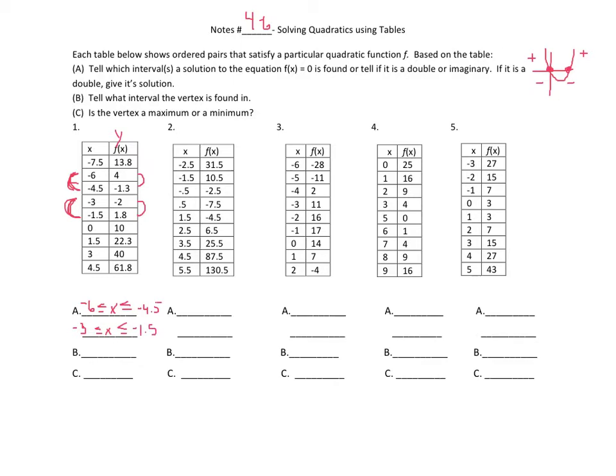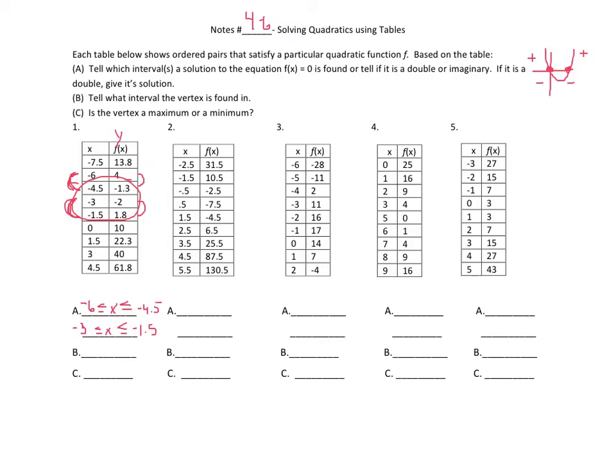The vertex has got to be between those two intervals, so the vertex is going to be somewhere in here. Now what I want you to look at, though, is the negative 1.3, it goes lower to negative 2, and then it starts coming back up, and now it's all the way up at 1.8.